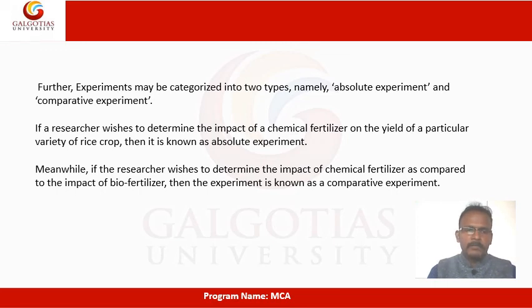At the same time, we can experiment with other fertilizer and biofertilizer. We can identify the difference in rice crop yield. Which one is best, chemical fertilizer or biofertilizer? This is called a comparative experiment.